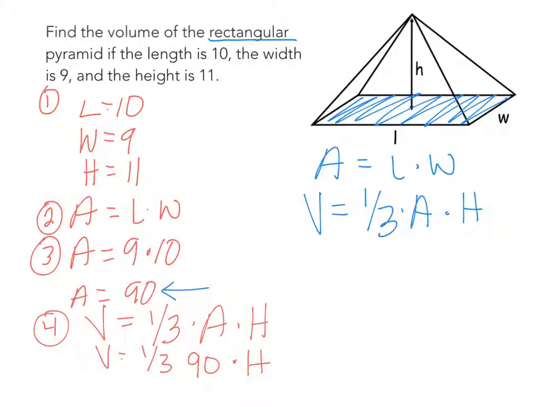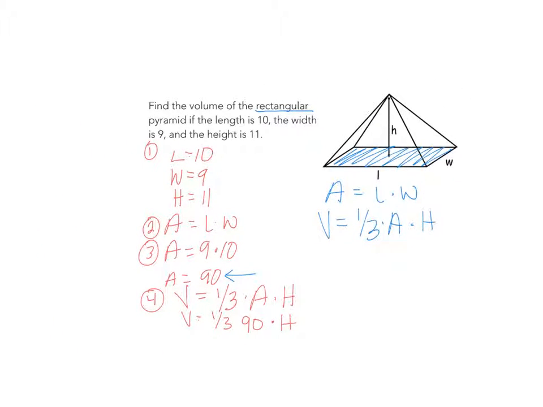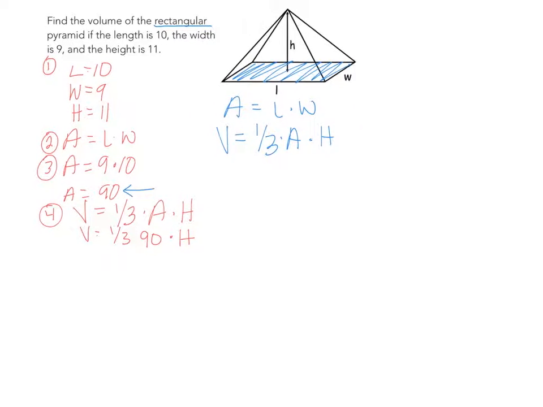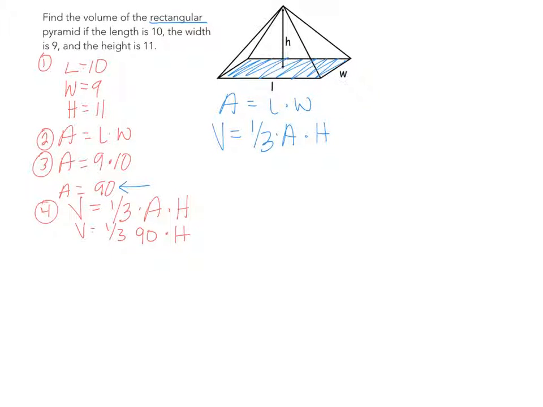And I can plug in the height. The height is given to me in the problem. So volume equals 1/3 90 times 11. All right, now we just solve. I'm going to do 1/3 times 90 first. So this is really saying 90 divided by 3.